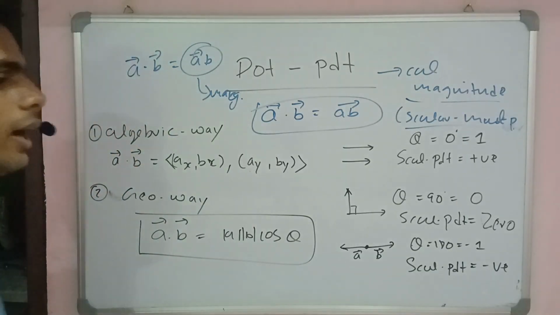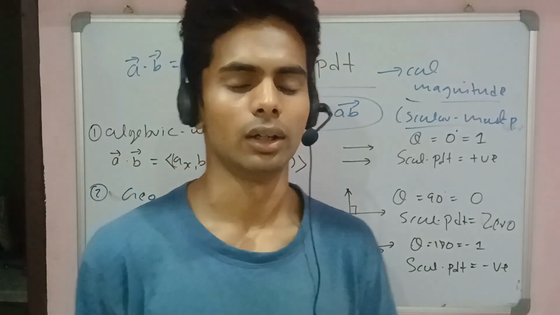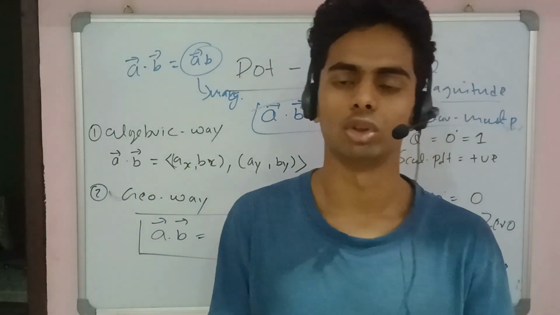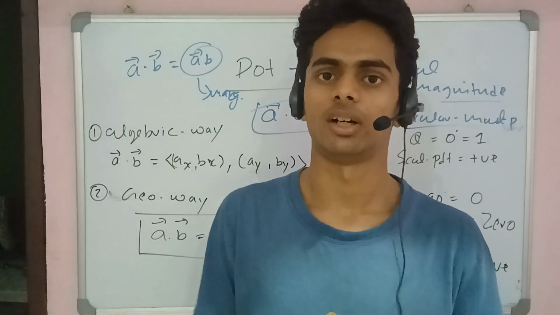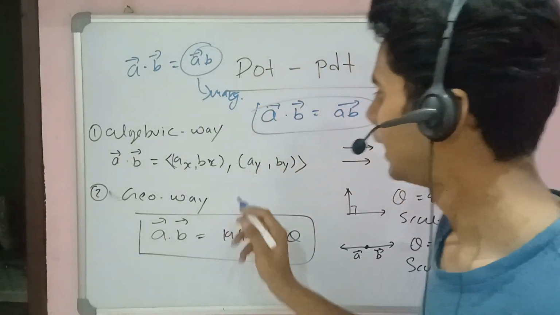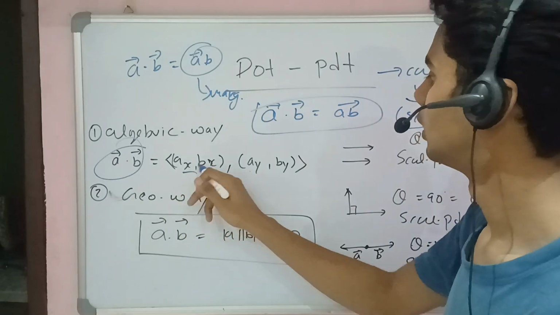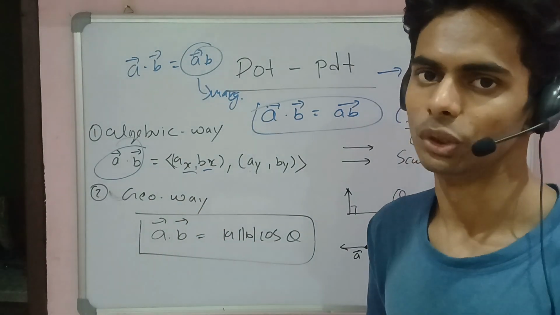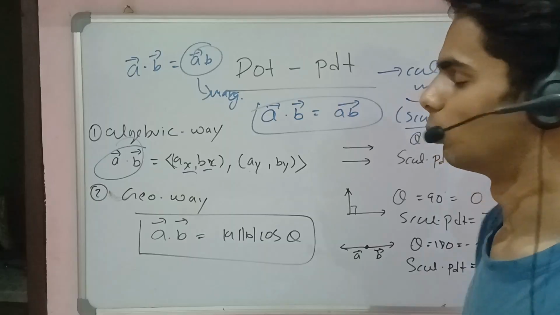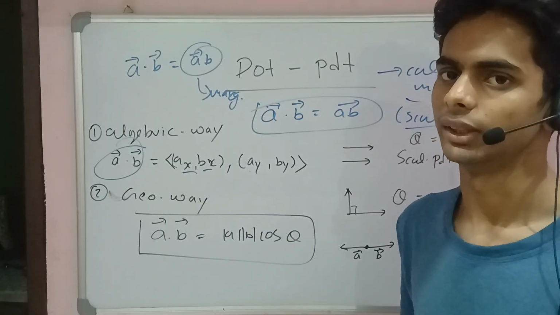There are two ways to understand this and to calculate the scalar multiplication, the dot product, of both vectors. The first one is ax and bx, component-wise, as we know we can break both vectors into components. So we are doing it component by component.